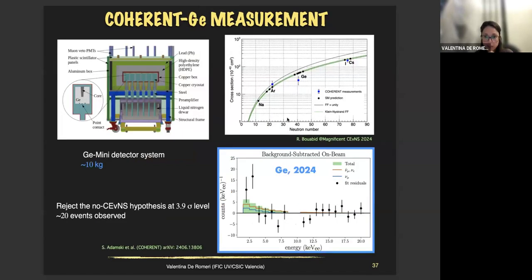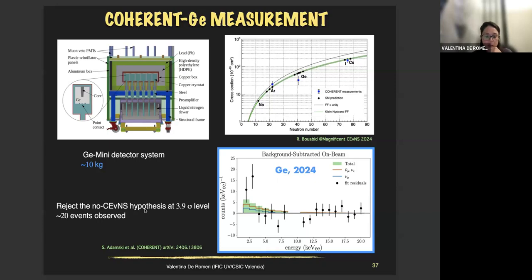Now, recently, actually this year, at the Magnificent CEvNS workshop in Valencia, the COHERENT collaboration announced the measurement of CEvNS also using a third detector made of germanium. Again, a small system. However, they are working on some upgrades of these detectors, both the liquid argon one and the germanium one.